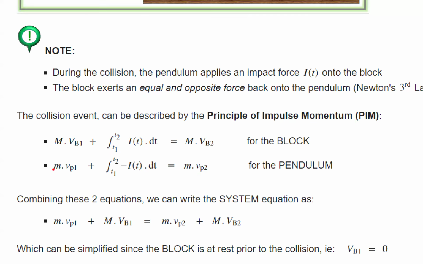So if we apply the principle of impulse and momentum to the green brick, this is the principle of impulse and momentum equation. And if we apply the principle of impulse and momentum to the pendulum, note that the impact force is simply equal and opposite to the impact force exerted onto the block. And we also know that at this instant in time, the block was at rest.